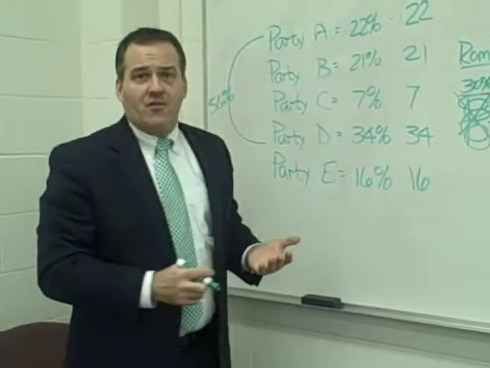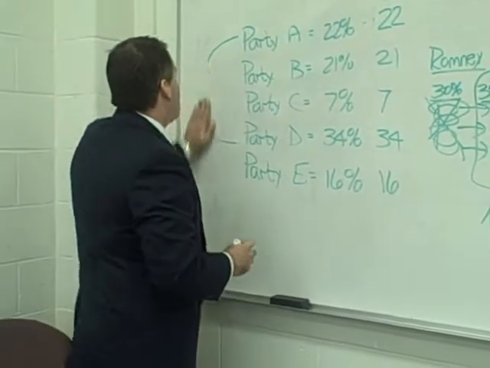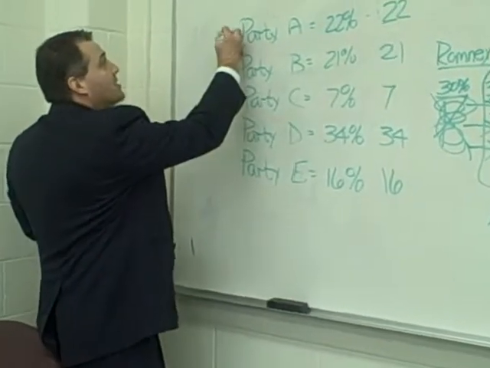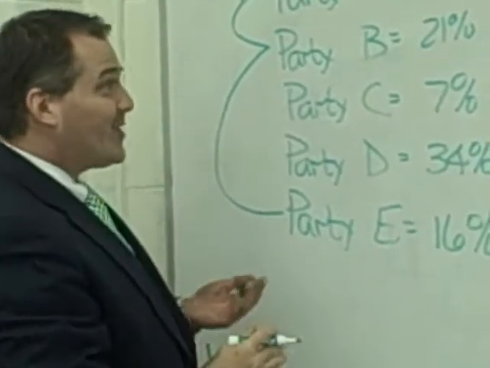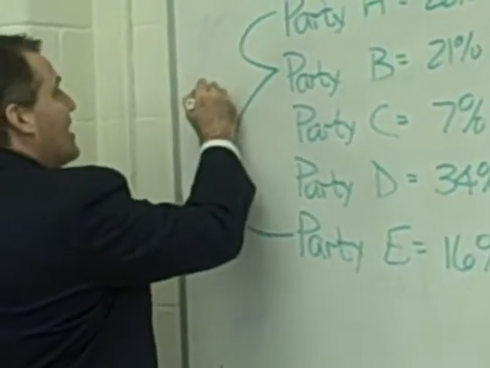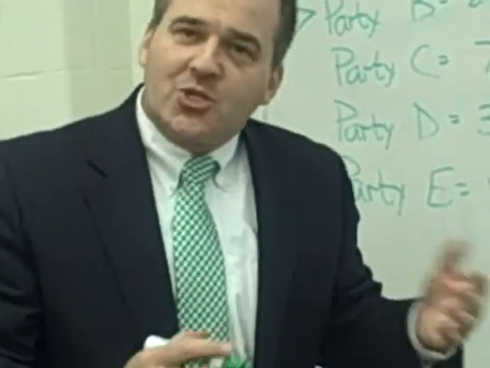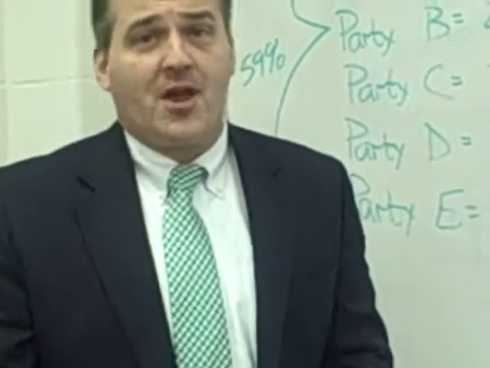Well, they're going to run the government until they decide to dissolve. And in fact, these divorces, if you will, happen frequently. What could conceivably happen is Party A, Party B, and Party E could join together. And now they've got 59% of the vote, so they now are in control. But as soon as they begin to disagree, guess what happens? They are going to break up too.